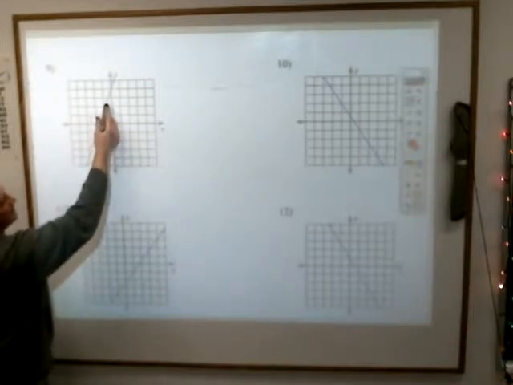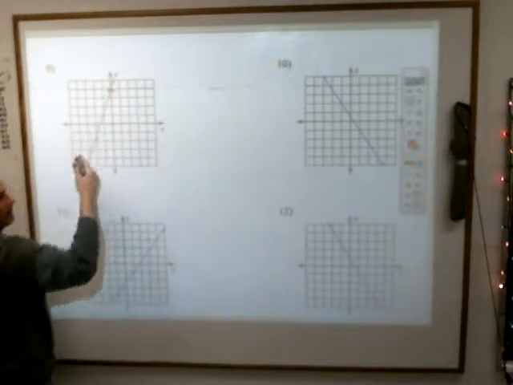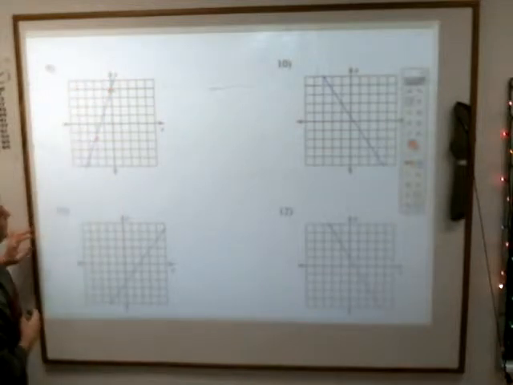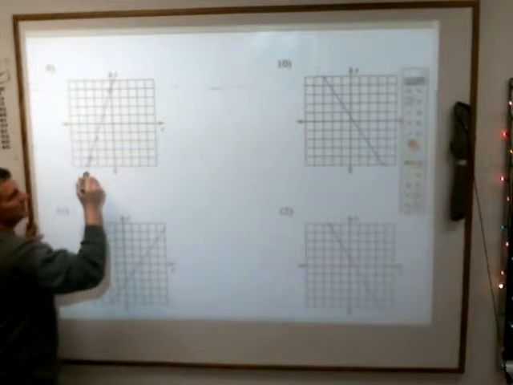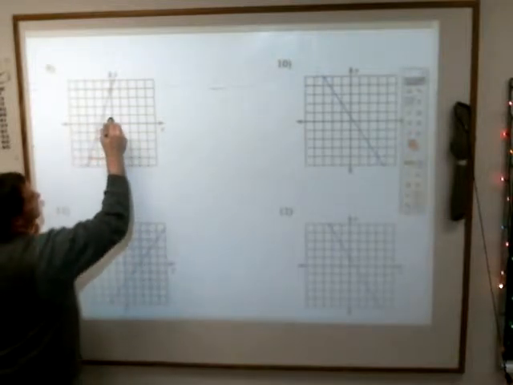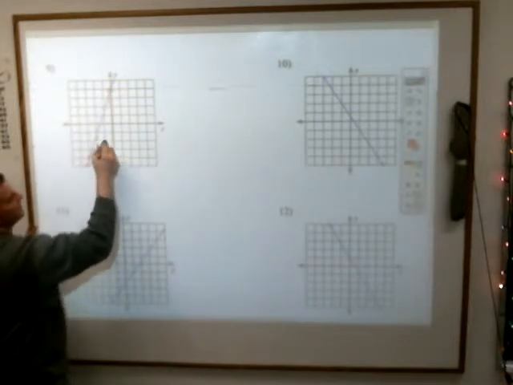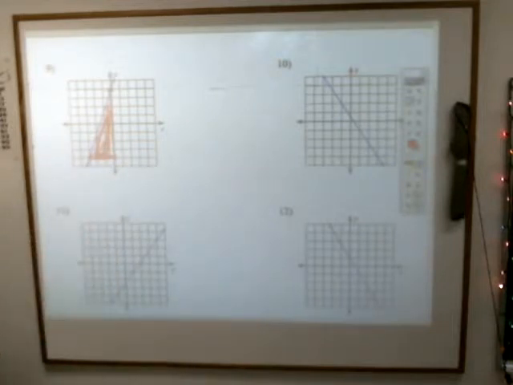Right here is a place where it crosses both a horizontal and vertical line, so I can use that for one of my points. And it looks like to me the only other one is way, way down here. So this is the triangle that I have to use, across and up. And you could have drawn your triangle on the other side, it would not make any difference whatsoever.